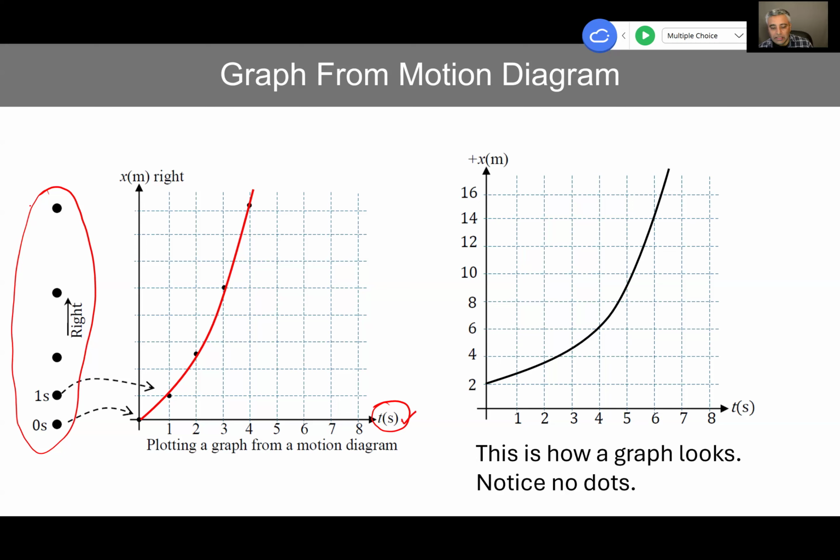Now let's suppose, so first of all, in this case, what's happening is, is the object speeding up? So now let's look at the motion diagram. Now, is the object speeding up?